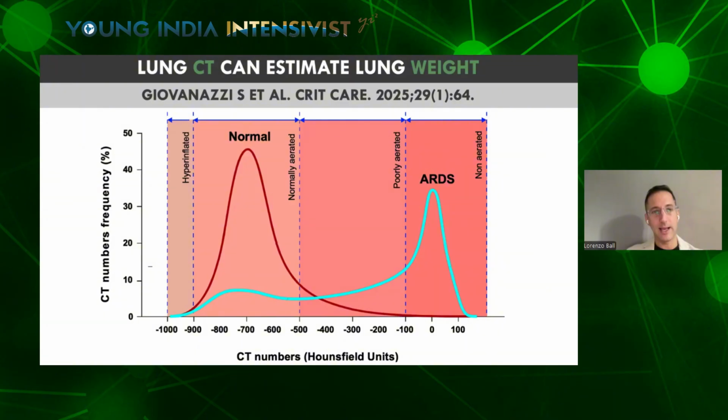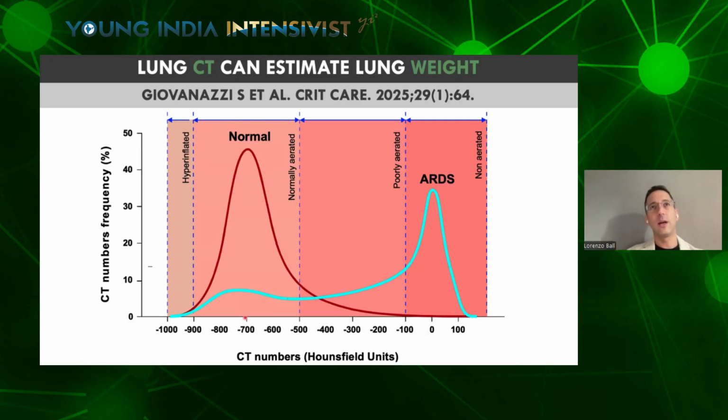Why so? You see on the x-axis, these are the CT numbers, so the Hounsfield units. You will probably remember that -1000 is the density of air, and 0 is the density of water.